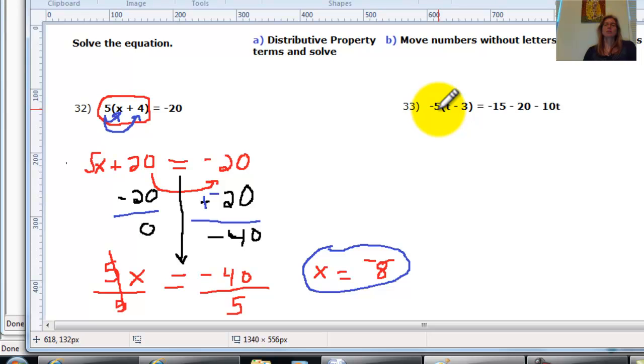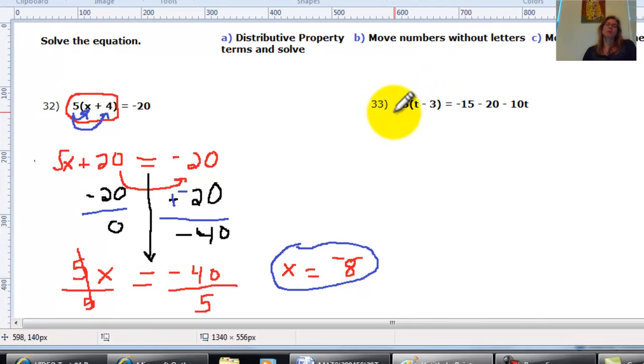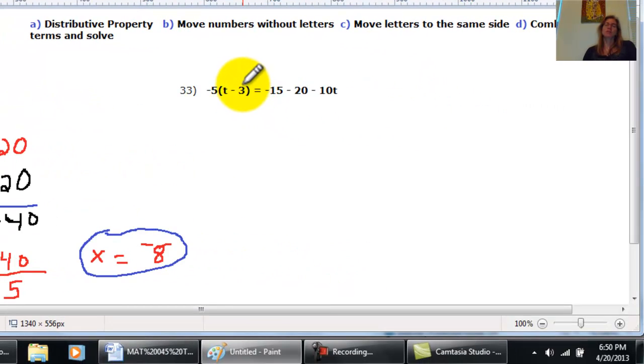Okay, and then for number 33, you will work with this expression, simplifying it with the distributive property first. So you're going to, this time, multiply a negative 5 first times the t, and then the negative 5 by a negative 3. I know that says minus 3, but really always keep your math function with your number.